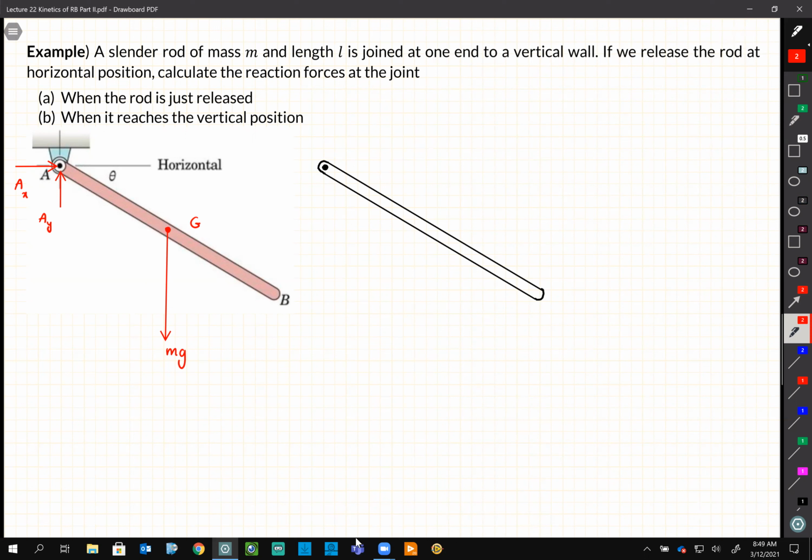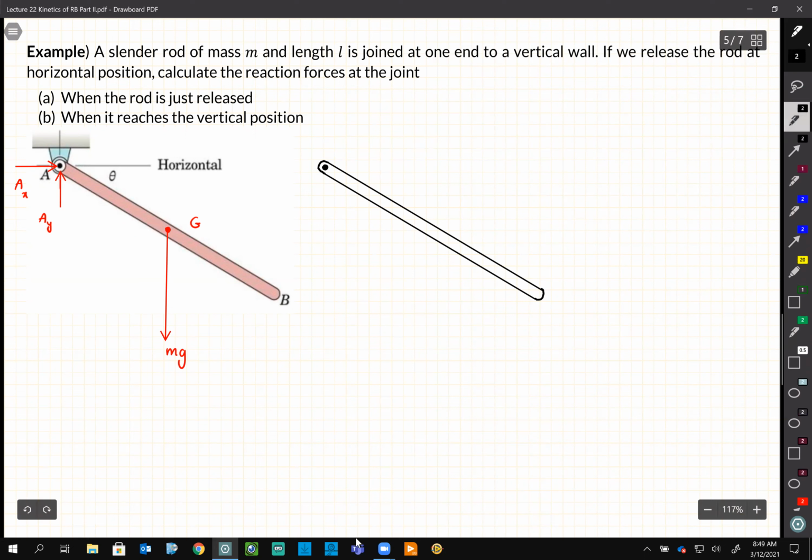So what about the acceleration diagram? We know that this thing can rotate about a fixed point, right? And that fixed point is A. So we should know whenever something is rotating, like a bar, this one, it has two components of acceleration.